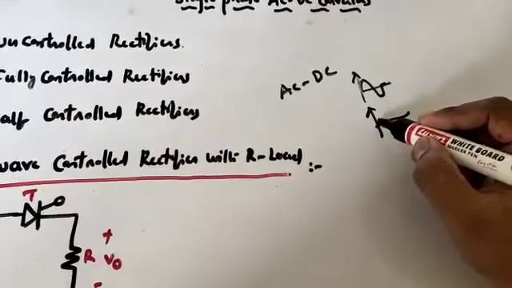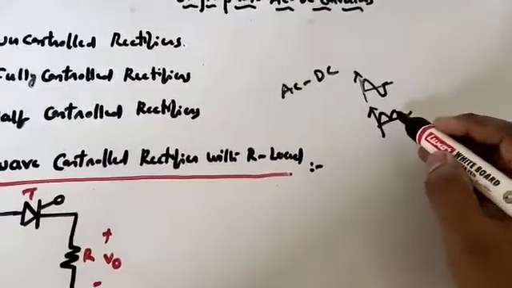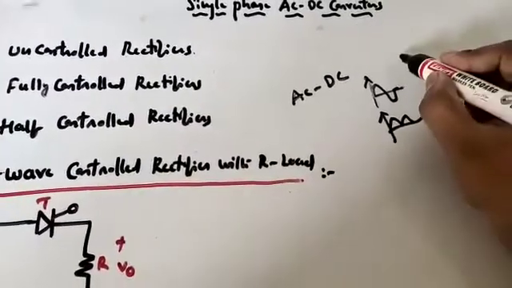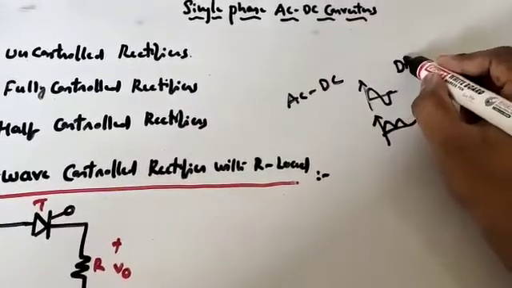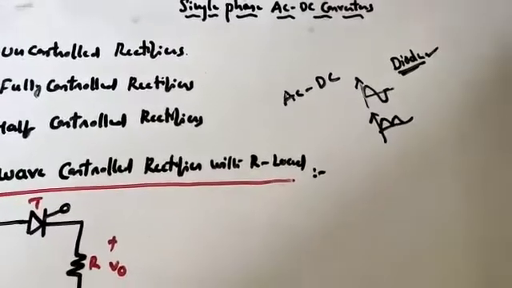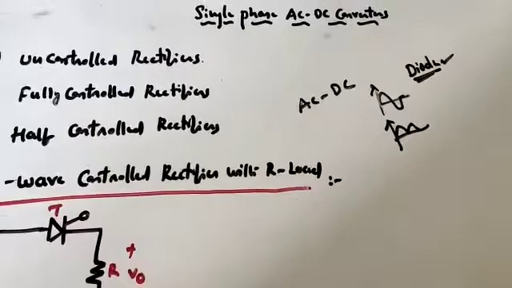For example, if it is a full wave rectifier, then we get the full DC output like this. A fixed amplitude is obtained from this uncontrolled rectifier, and we are not providing any kind of gate signal, so that is the only reason it is known as uncontrolled. The best example for it is the diode.